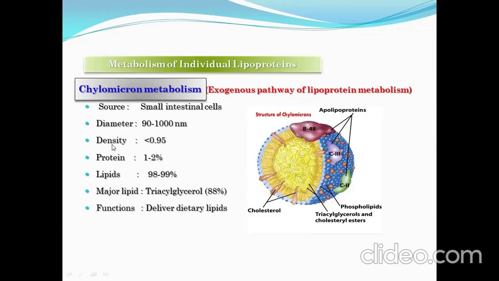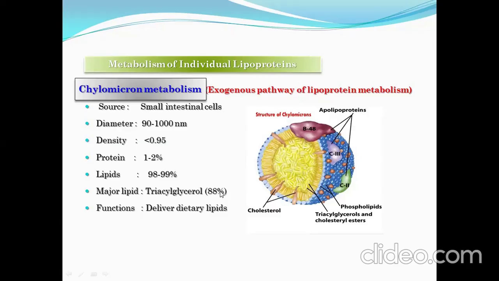And density is less than 0.95, whereas for protein content, sometimes you'll be asked how much protein content there is. So 1 to 2% protein, whereas lipids are 98 to 99%, so the lipid content is very high in chylomicron. The major lipid is triacylglycerol, triglycerides, neutral fat, about 88%.